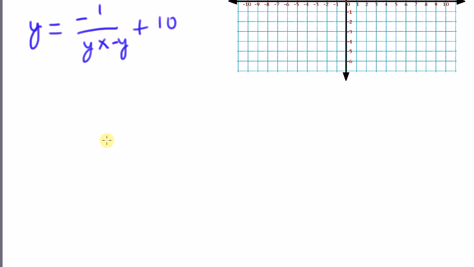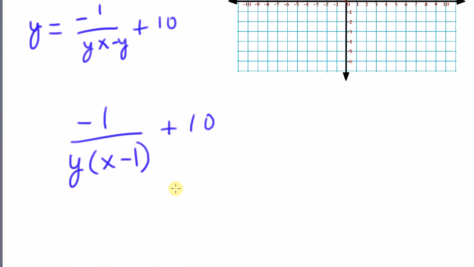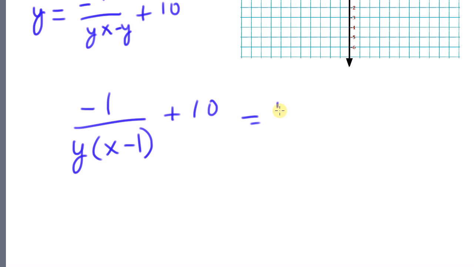Let's see, there's a couple ways that we could do this. Let's go ahead and factor out a y down here. So we have -1 over y times x minus 1 plus 10 is equal to y.